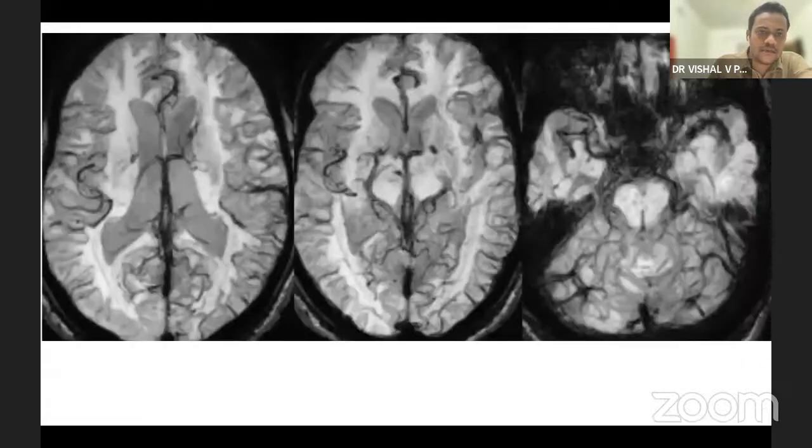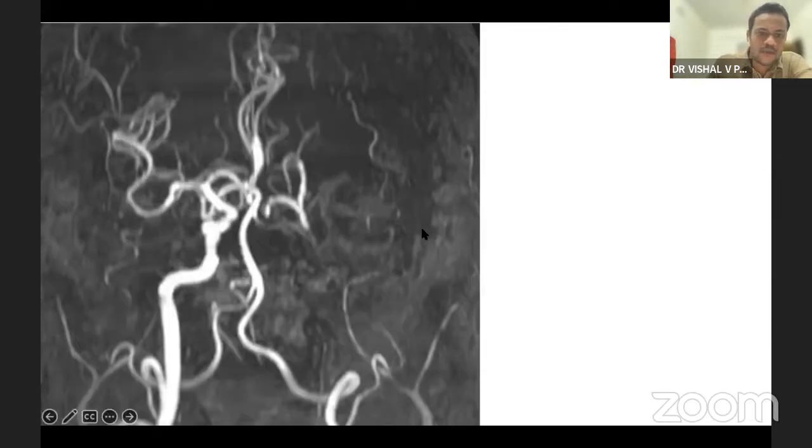And this is the SWI imaging, which didn't show any hemorrhagic changes. This is the MR angiogram picture showing the right internal carotid artery is intact with the MCA branches and ACA.